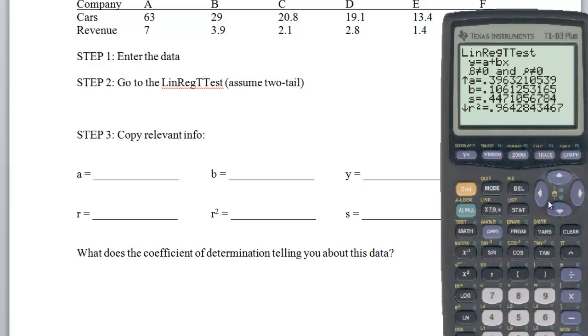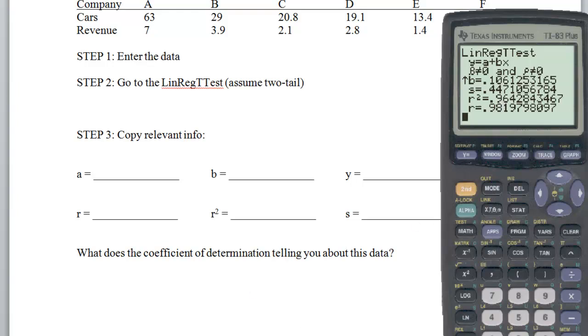Now S, that is my standard error of the estimate. And then here's my R and my R squared for my correlation coefficient, which is really strong. And then our coefficient of determination. Alright, so here we go.